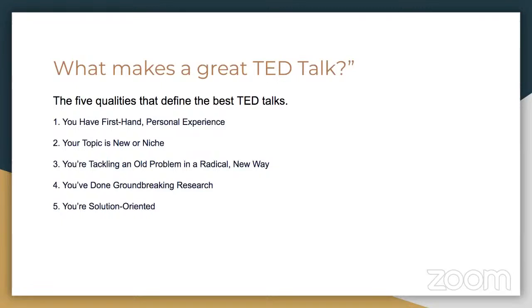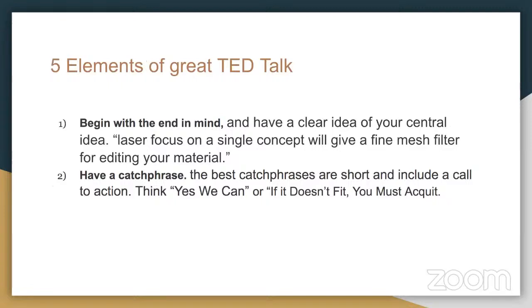Third, you are tackling an old problem in a radical new way. Fourth, you have done groundbreaking research on the topic you are presenting. And fifth, you are solution oriented. First, we present one problem, and then we give the solution to that problem.